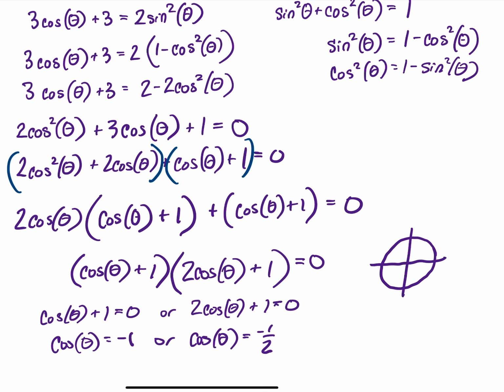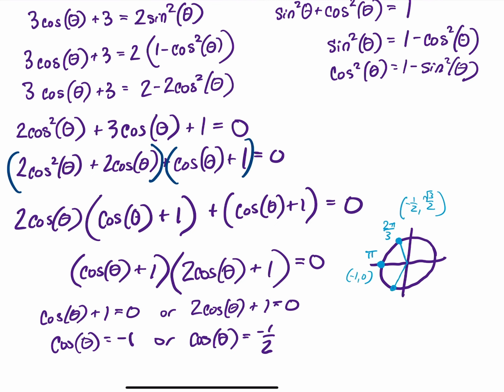The cosine is equal to -1 over here at pi. That has the coordinate point -1, 0. And the cosine will be equal to -1/2. We get two solutions. The first one is our pi over 3 angle in the second quadrant, so 2 pi over 3. That has the coordinate point -1/2, positive root 3 over 2. And then we get a similar one in the third quadrant.